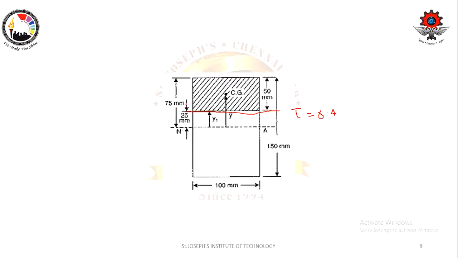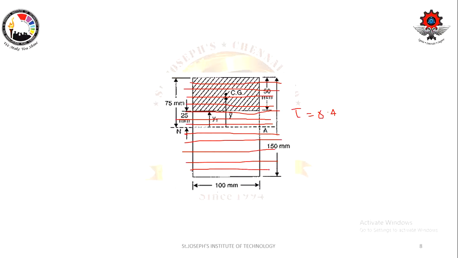What will be the shear stress at this junction? And at this junction? If you wish to calculate the shear stress at each and every layer above the neutral axis and below the neutral axis, you will get a value for tau. And when you go to this extreme end, what will be the shear stress?